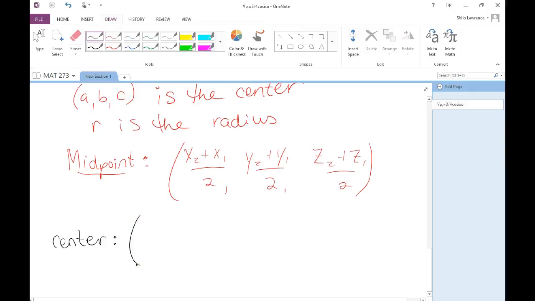So to calculate our center, we've got the 2 points. We've got the x2 and the x1, the y2, the y1, the z2, the z1. Really doesn't matter which one you label as point 2 and point 1 because we're just going to be adding them together.